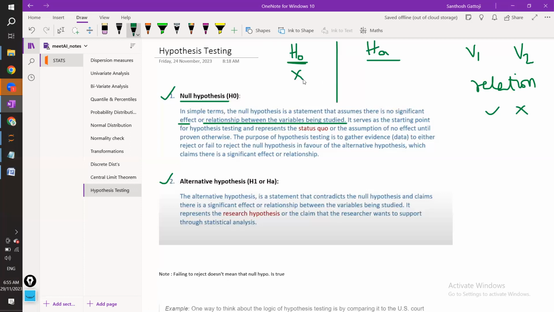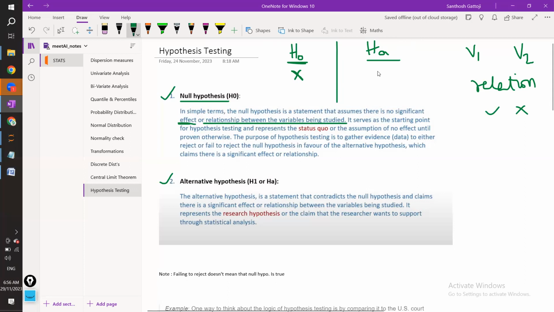By default, null takes the scenario where nothing interesting is happening, or no significant effect can be observed. So that option will be given to the null hypothesis. Because why?